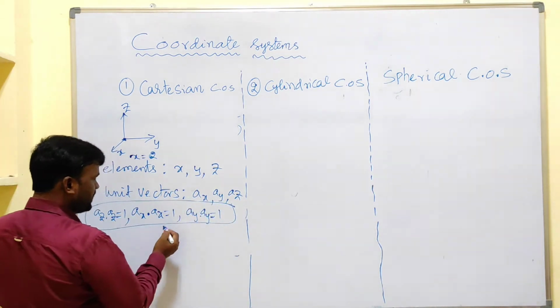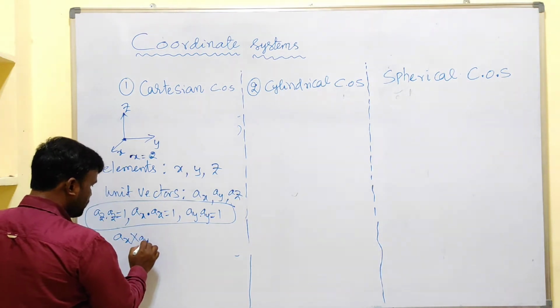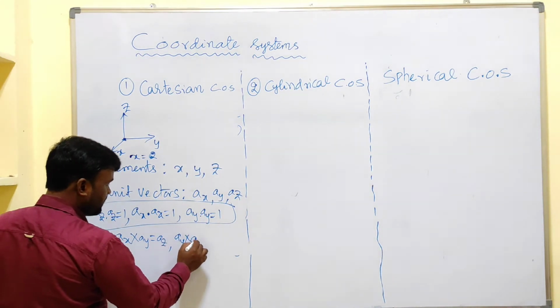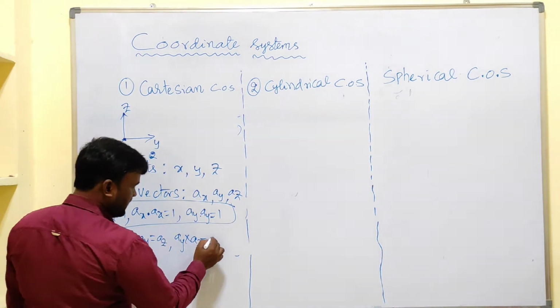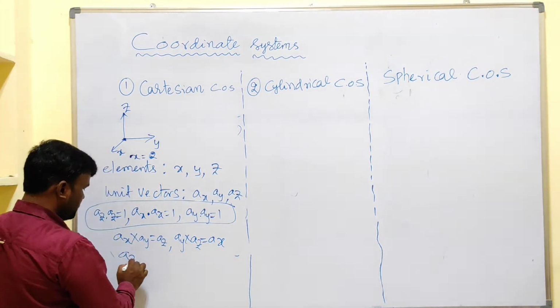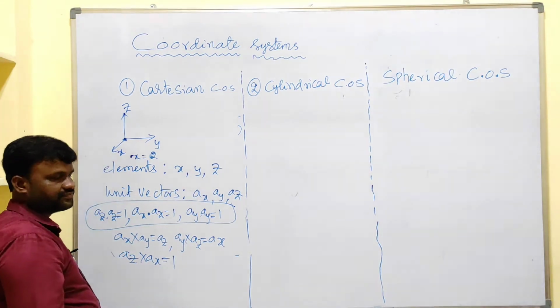Ay dot Ay is 1. And Az dot Az equal to 1. And cross products: Ax cross Ay equals Az. Similarly, Ay cross Az is Ax. And the last one, Az cross Ax, equals Ay.